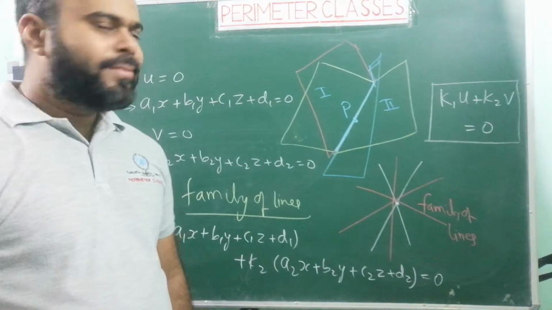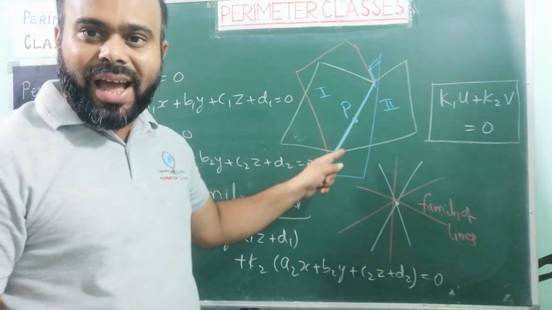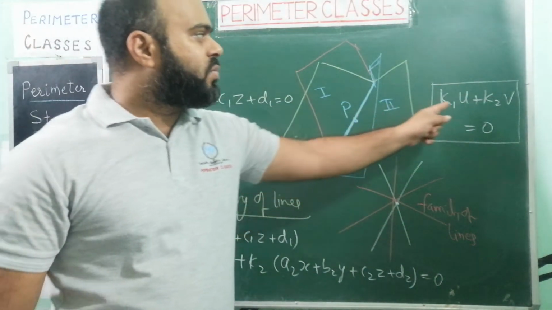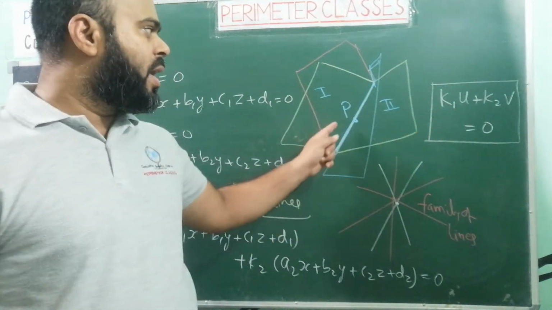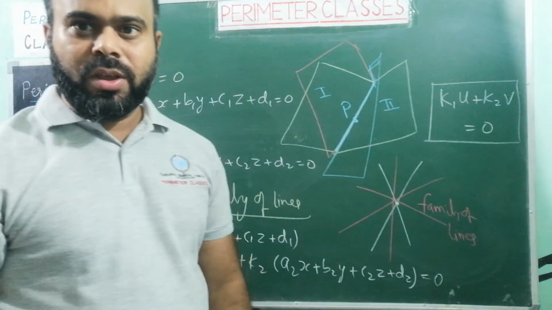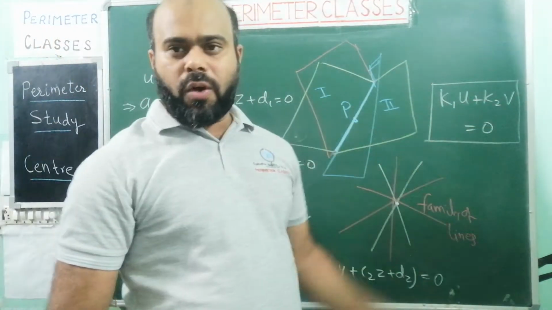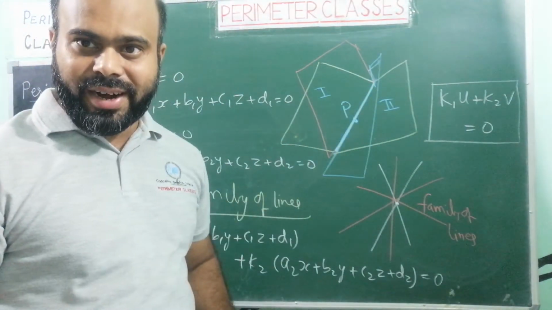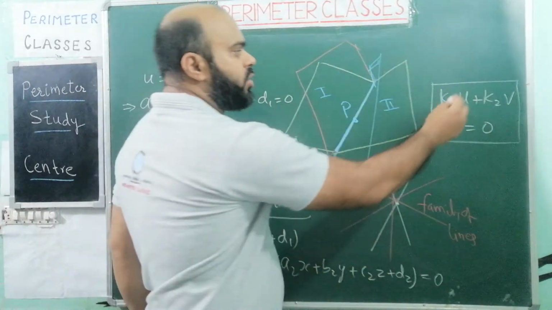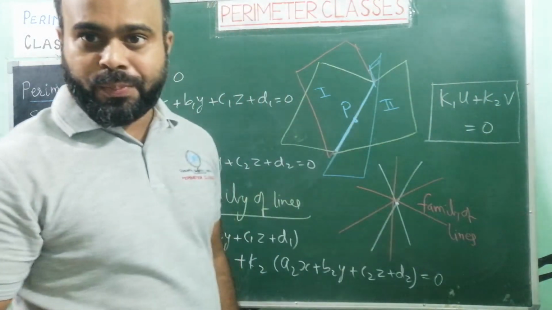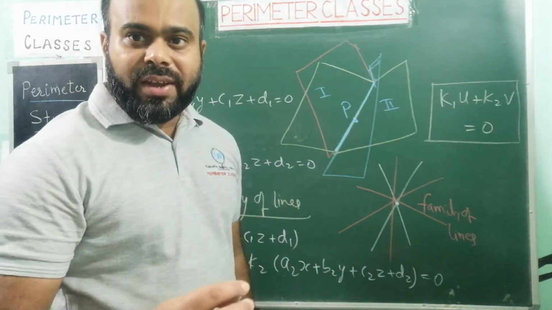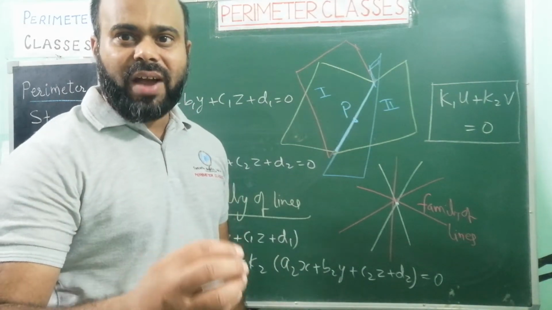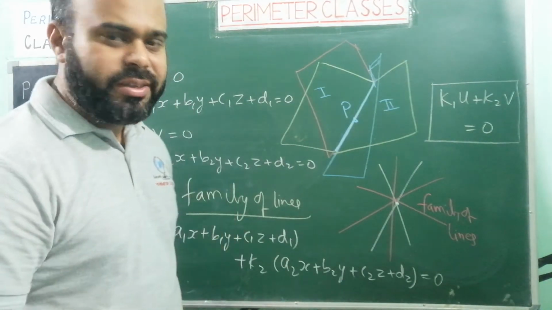Why is it so? Because the point on this line satisfies u equal to 0 as well as v equal to 0. So any equation of this form will be satisfied by all the points on this line. Now an equation of this form is also a plane because it is linear in x, y and z, and there is a constant.